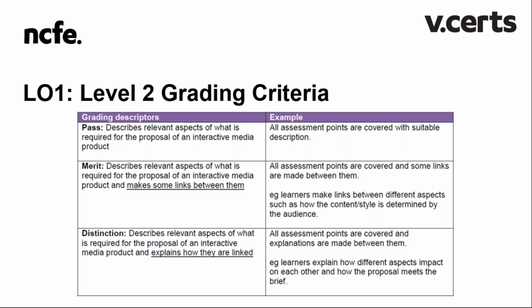So the expectation of this learning outcome is based on learners' understanding of the importance of each of those assessment points, each of those important elements that form a proposal document. And when we say proposal document here, it could be a Word document, it could be a PowerPoint presentation, whichever method that learners want to create that proposal in.